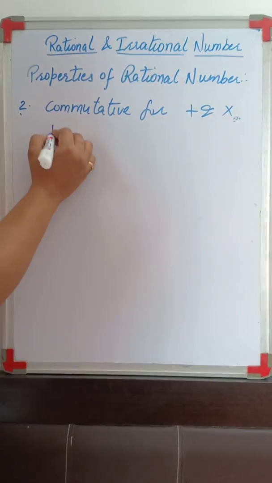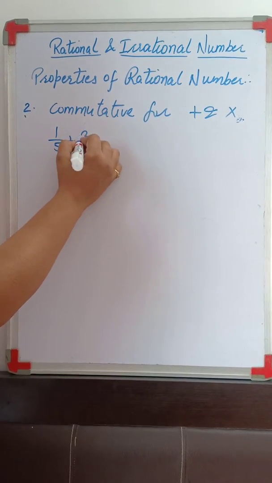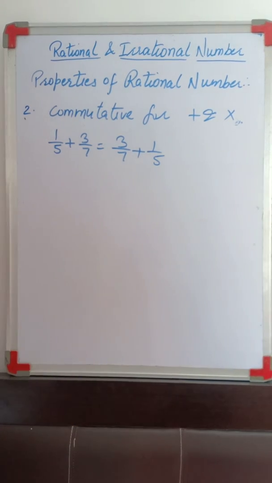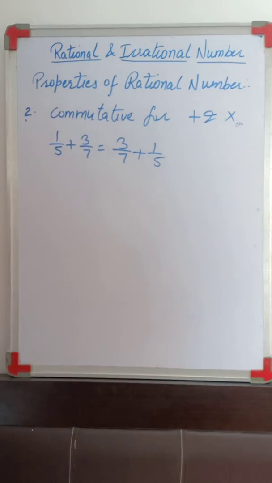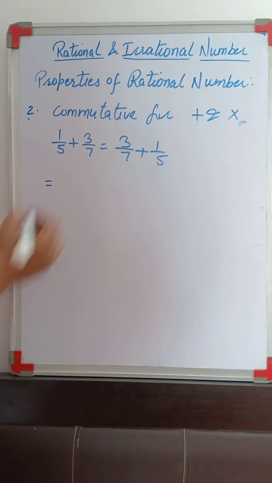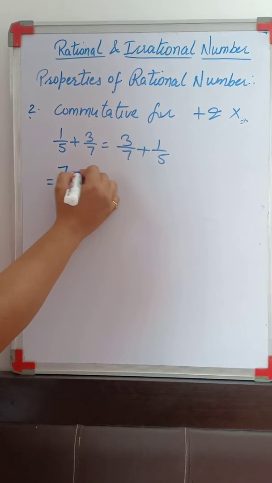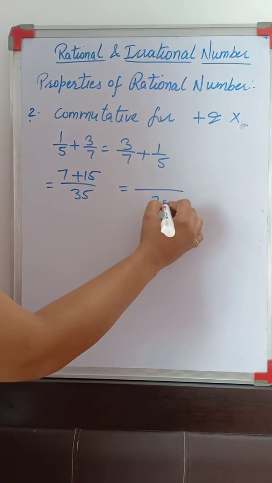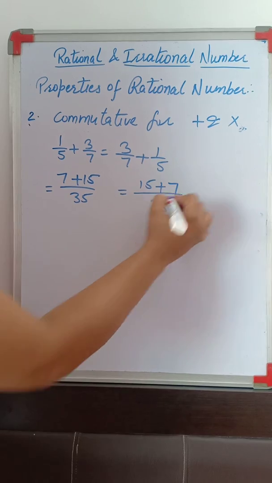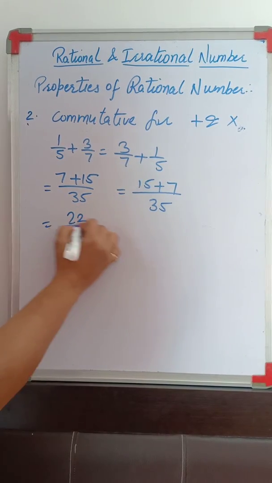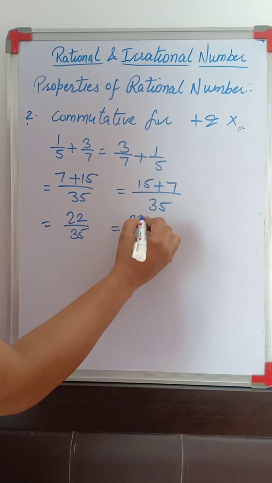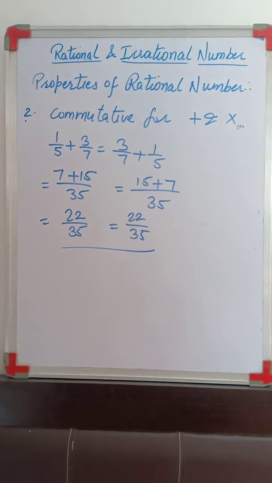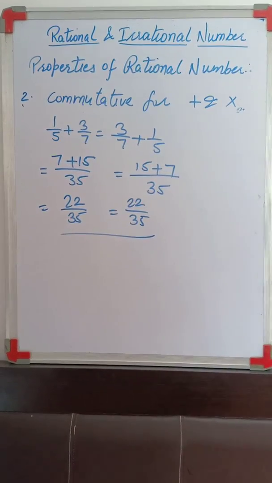For example, 1 upon 5 plus 3 upon 7 will be equal to 3 upon 7 plus 1 upon 5. This is the commutative property, right? You can check the answer. 7 plus 15 upon 35, and over here the same 35, 15 plus 7. How much? 22 upon 35 and 22 upon 35, right? So in case of addition, rational numbers are always commutative.